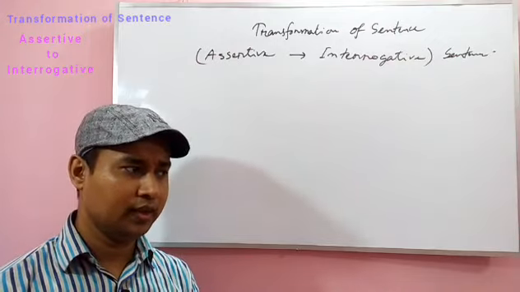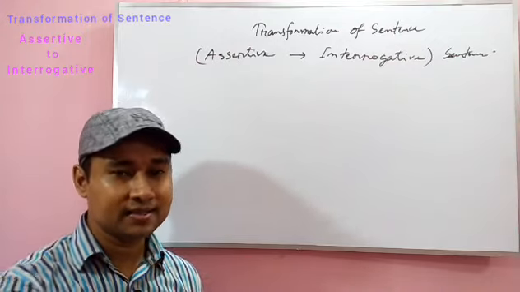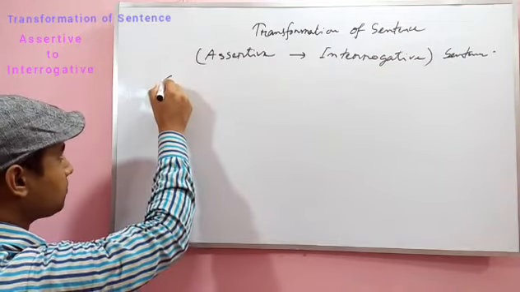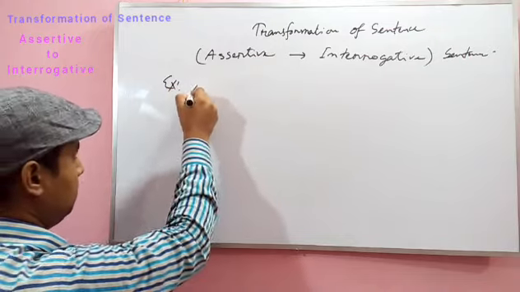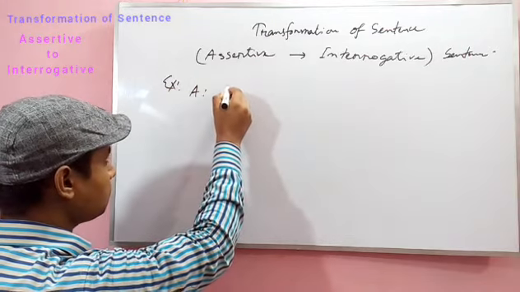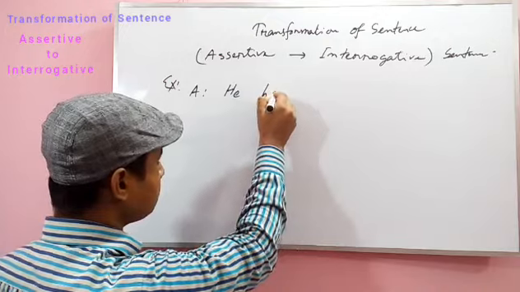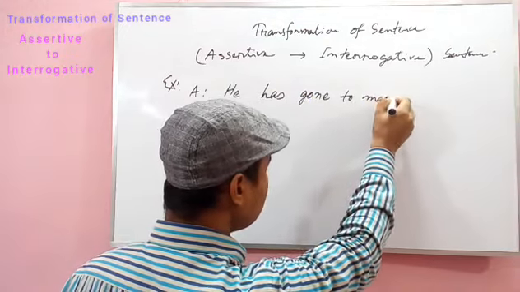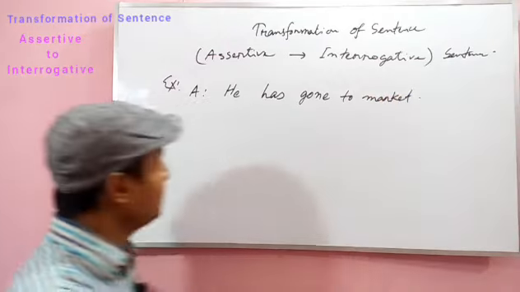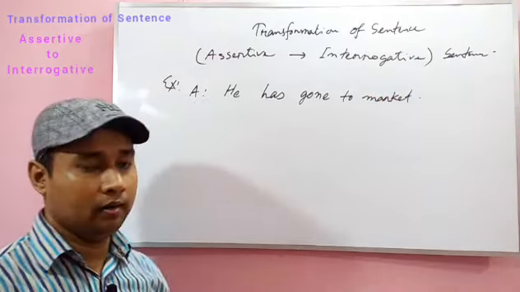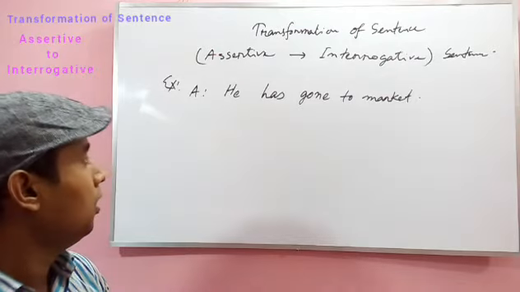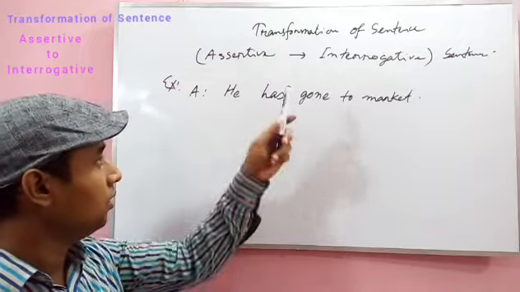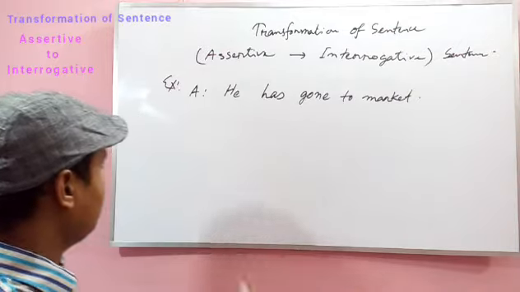At first I will give an example, then I will discuss the rules. This is an example of our assertive sentence. You have to change it into an interrogative sentence.